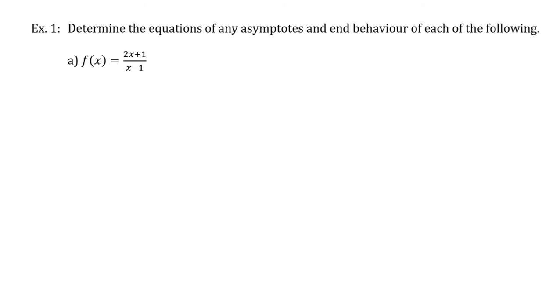Yep, it wants us to do both. And we're going to see what it looks like to test to get the behavior around the asymptote. This first one, we're going to do a little bit of extra writing, and then we're going to do one more where I'll show you what you actually have to write.